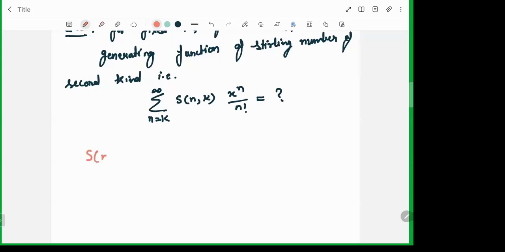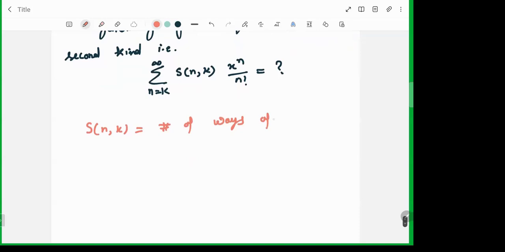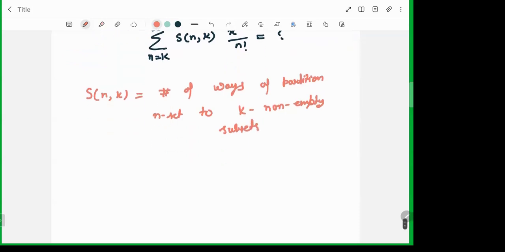So S(n,k) is the number of ways of partitioning an n set into k non-empty subsets. Equivalently, surjections from n set to k set.